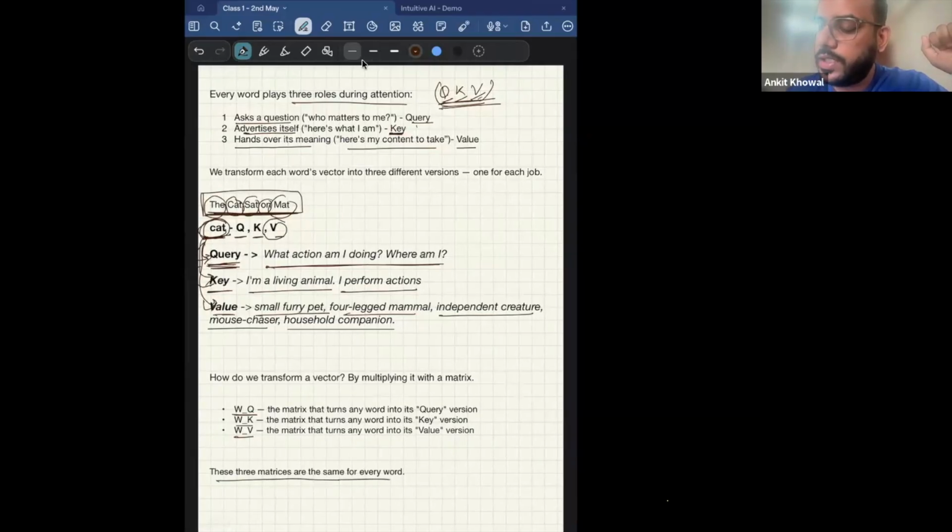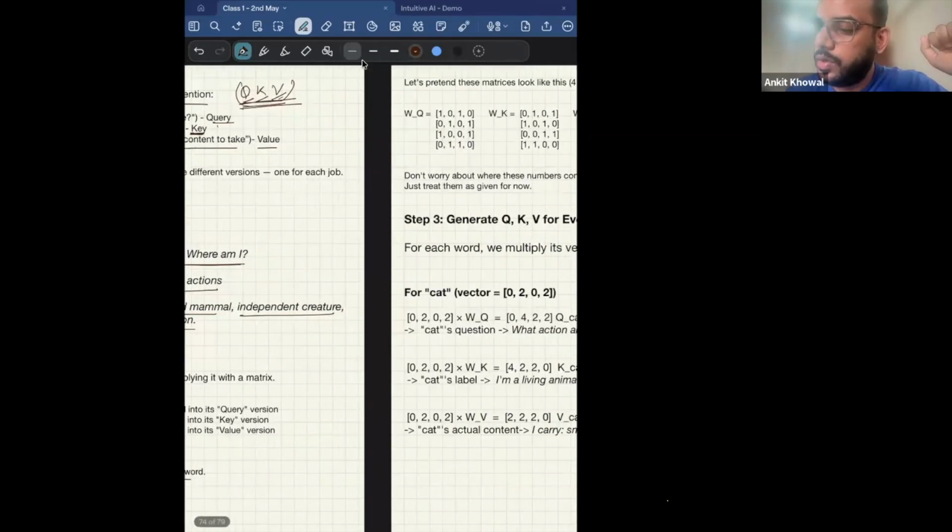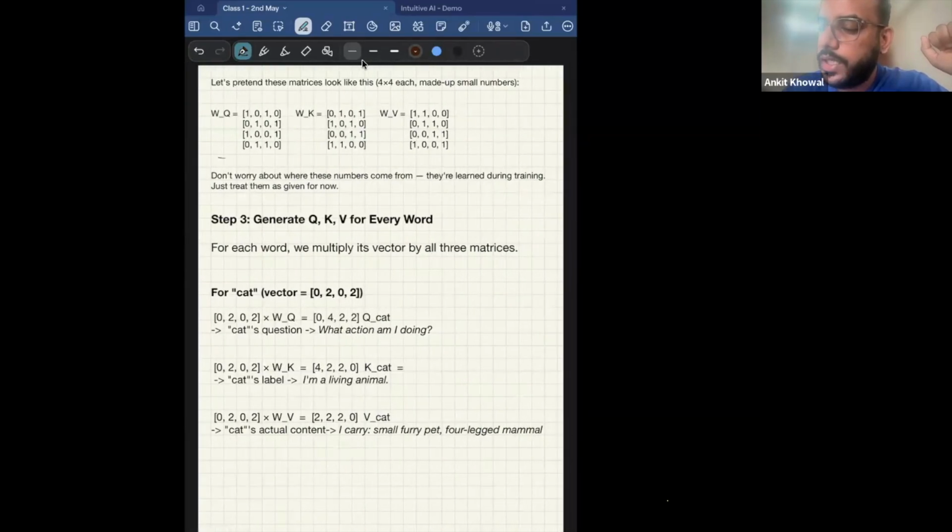For each word, we'll multiply by WQ, WK, WV. Think of WQ as something like this, WK something like this, WV something like this. These matrices will not be exactly like these four-dimensional things. They will be 4096 dimensions, but I'm representing them as small so that we can understand. And these are also learned during training.